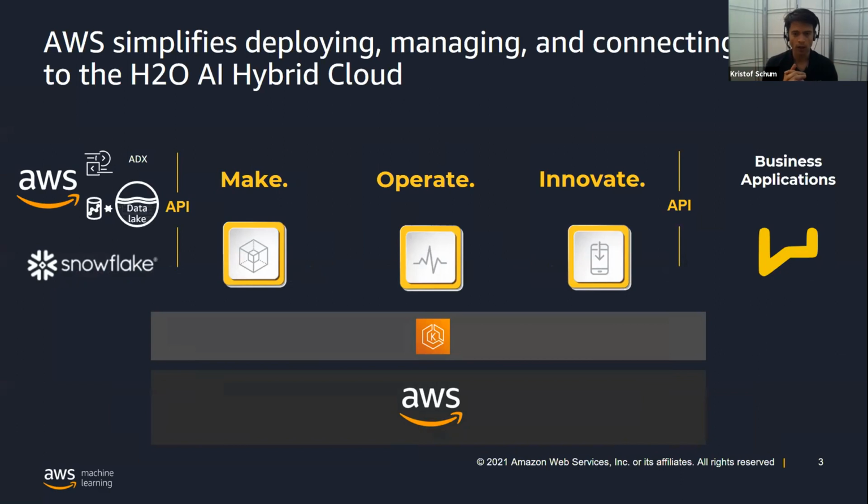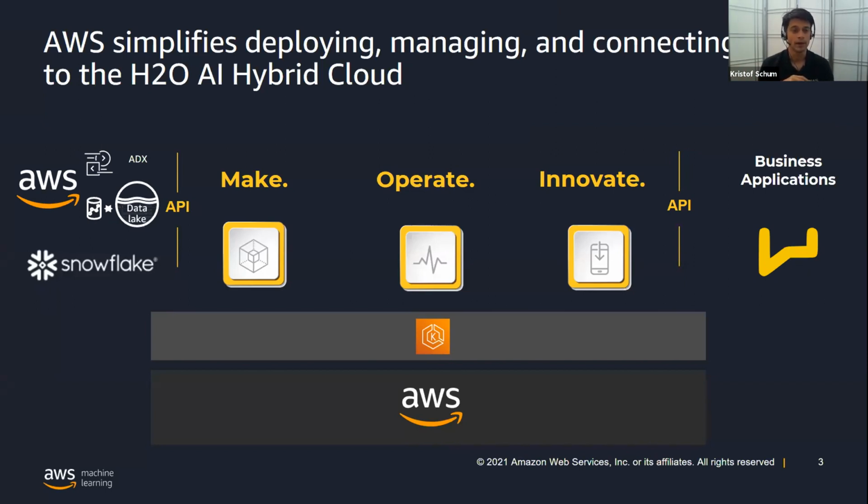Using Kubernetes on AWS is really taking off, making the operation and innovation in the machine learning lifecycle easier, and being able to connect to our wonderful partners, Snowflake as well, with which we co-build a lot.